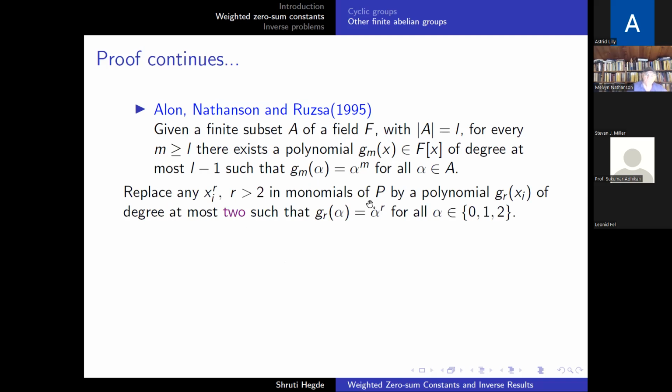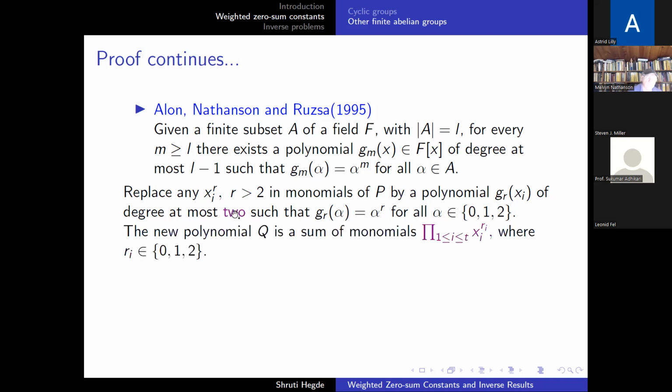So what we do is we expand P as a sum of monomials, and in any monomial that contains a factor x_i to the power r, where r is greater than 2, we replace this x_i to the power r by this polynomial g_r(x_i), whose degree is at most 2 and whose value at alpha is alpha to the power r for every alpha in the set {0, 1, 2}. So we get a new polynomial, which we will call Q. Now it is easy to see that this Q is a sum of monomials of this form, where the power of x_i is at most 2 for any i.